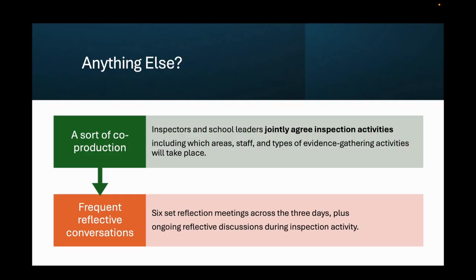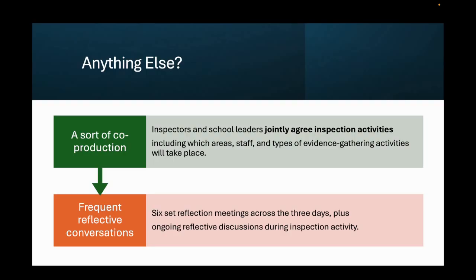Another thing that's different is there will be frequent reflective conversations. They did say when they would happen in the previous framework, but there are more in the 2025 framework. 6 set times when there will be a reflection, plus ongoing reflective discussions during the inspection activity.